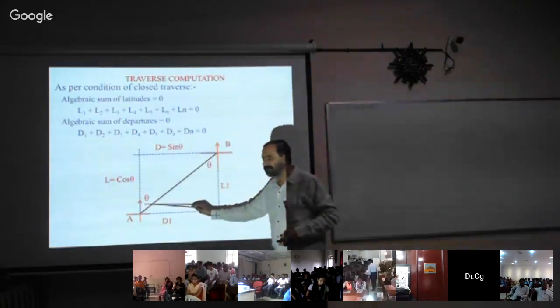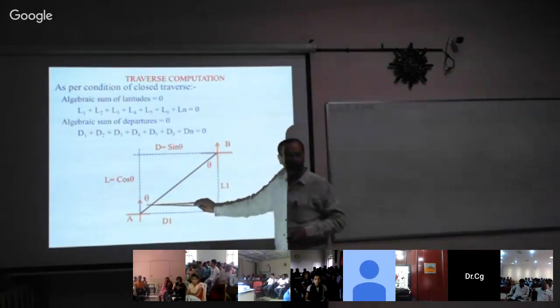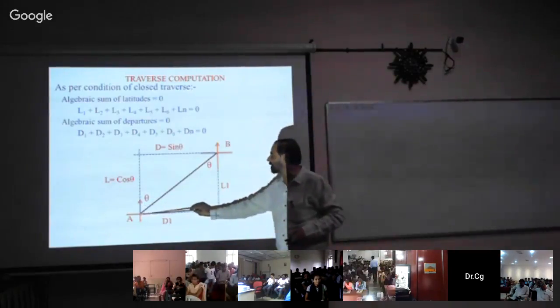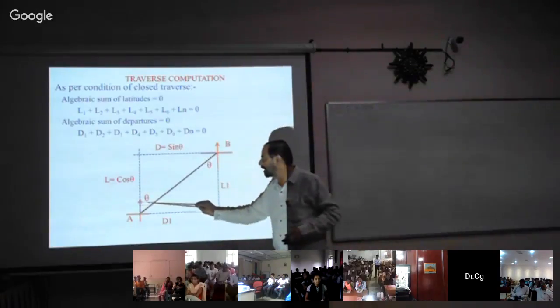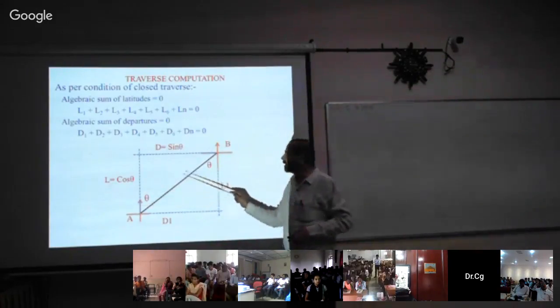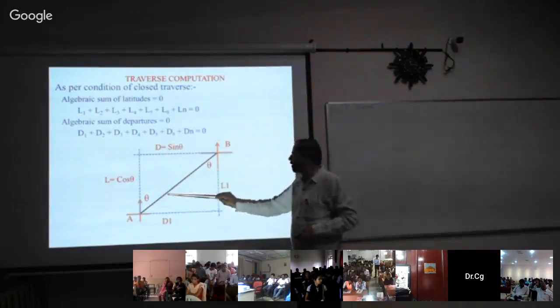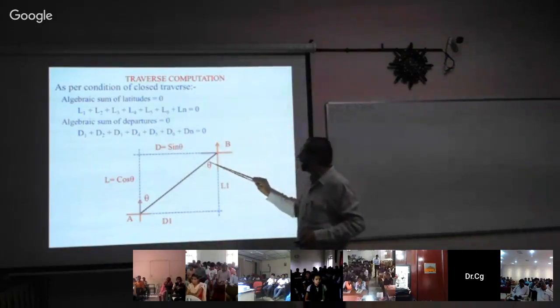Now, the forebearing of AB is the latitude of AB. If you consider the line AB, then this becomes the forebearing. The back bearing of AB is this one.